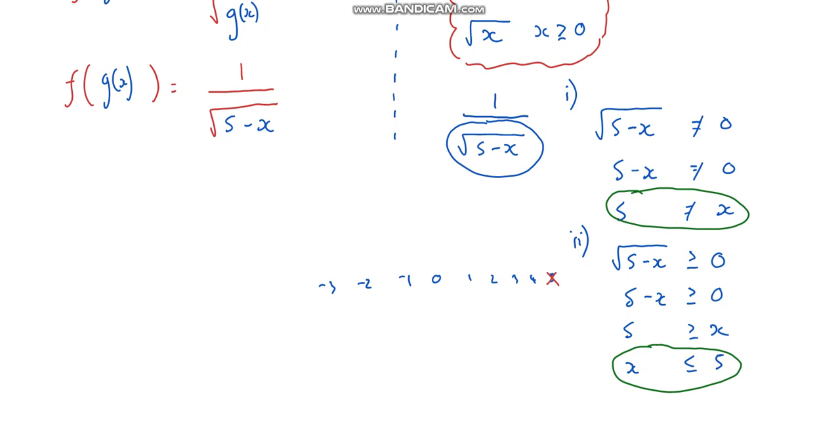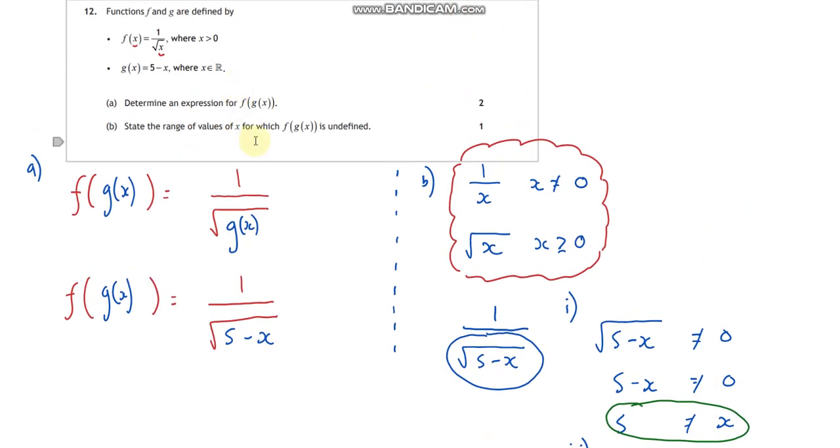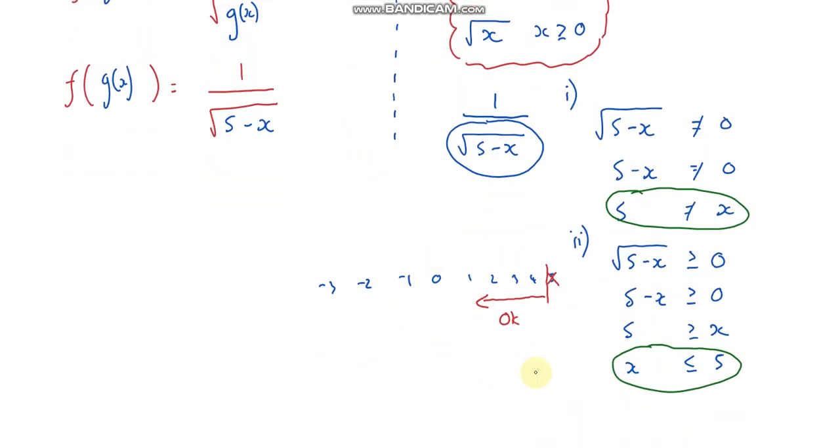And x has to be less than or equal to 5. So we're saying that this range here is okay. That's all okay, isn't it? x has to be less than or equal to 5, but we just said up here it can't be equal to 5. So these are the ones that are okay. So that means what's not okay, because that's what the question's saying, it was state the domain for which it is undefined.